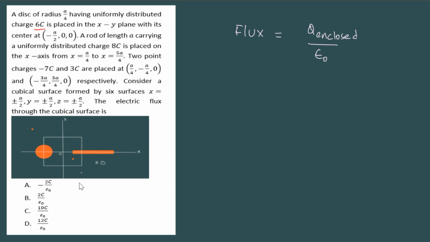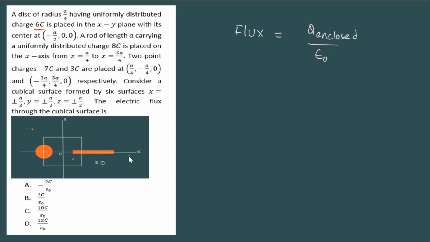Now this looks like a square, but the z-axis is out of the board, and then you have a cube. So inside the cube, we have half of the disk. There is a point charge, and let's say, what is the length of the rod? The length of the rod is a, so it goes from a by 4 to 5a by 4.